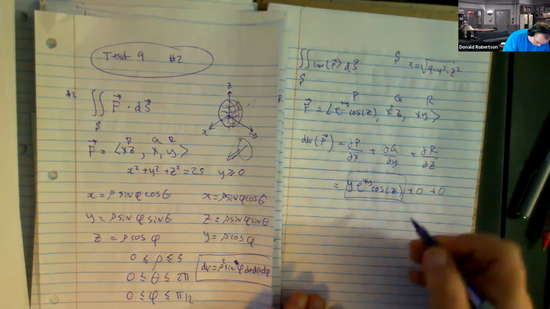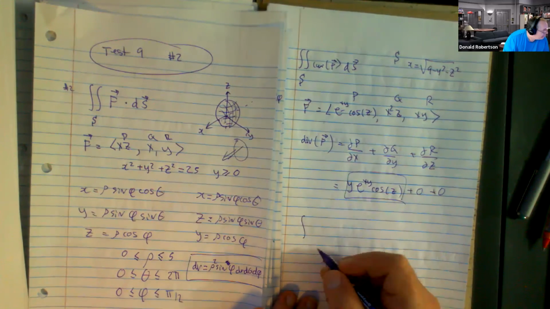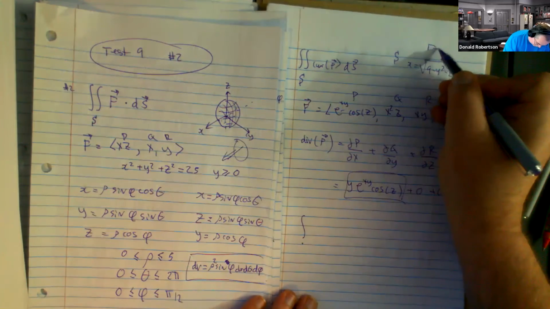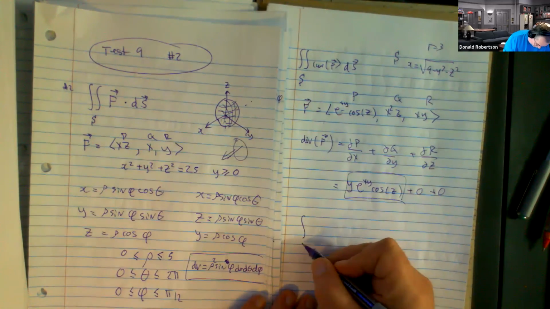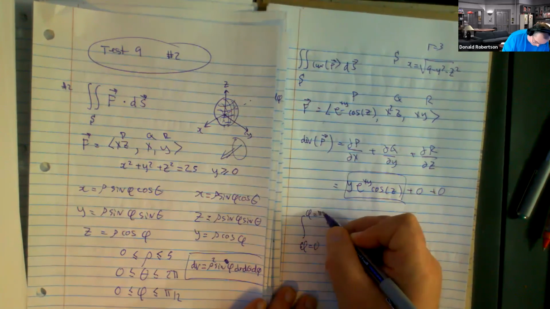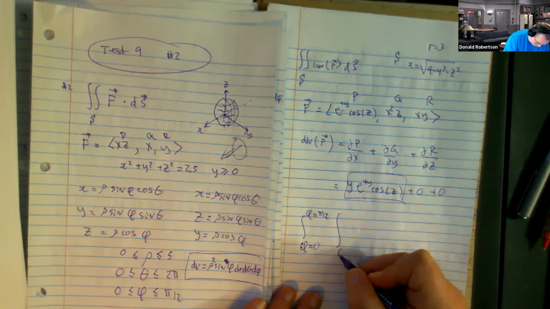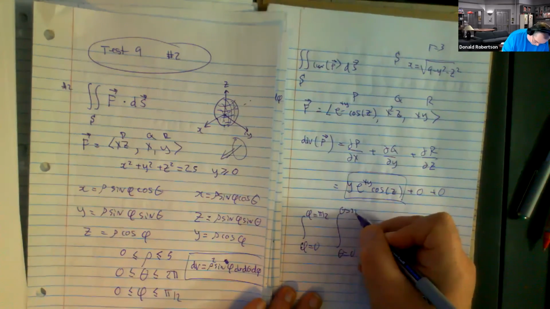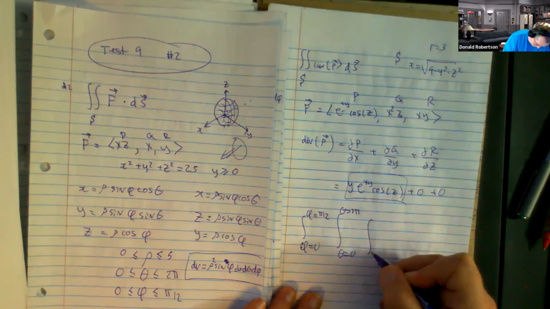So I'm going to get an integral from, this particular one has a radius of 3. So it's going to be phi equals 0 to pi upon 2, theta equals 0 to 2 pi, rho is going to be 0 to 3.